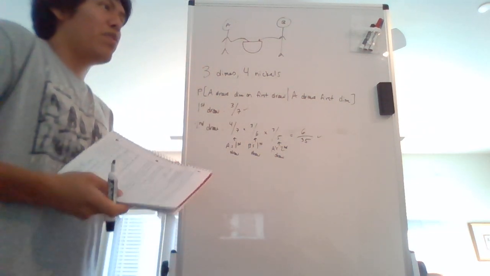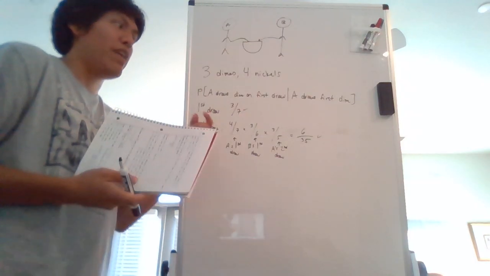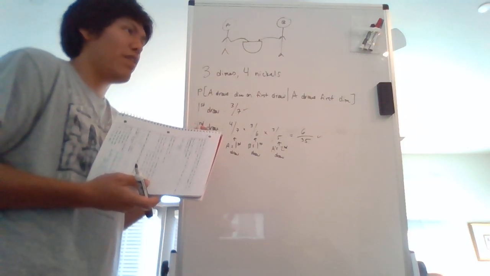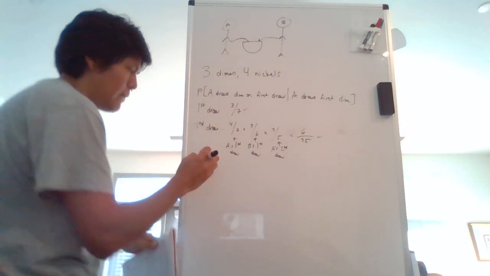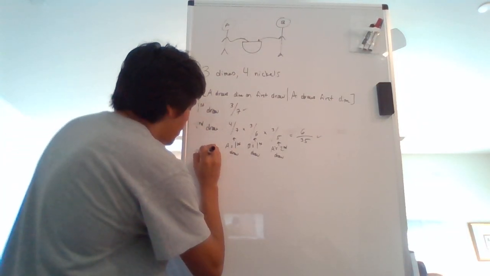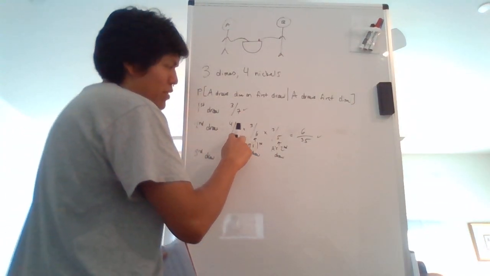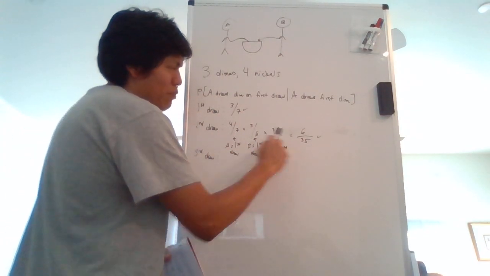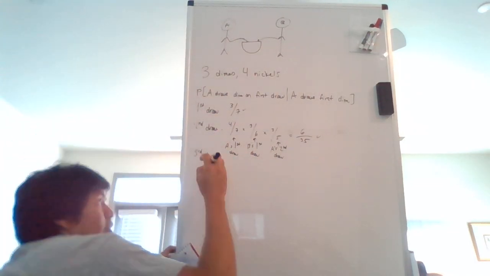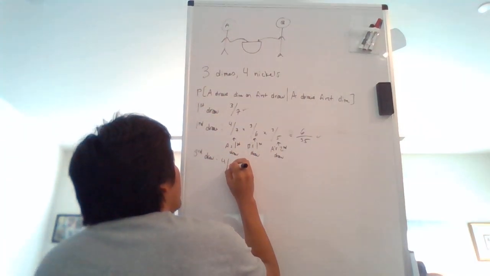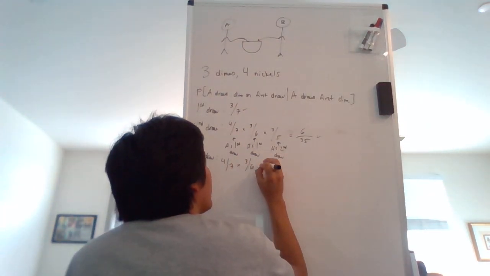Now we need to find the probability that A draws the first dime on their third draw. Okay. So it's pretty much this process right here, where on A's first draw, they grabbed a nickel instead, so that's 4/7. And then B grabs a nickel, so that's 3/6.